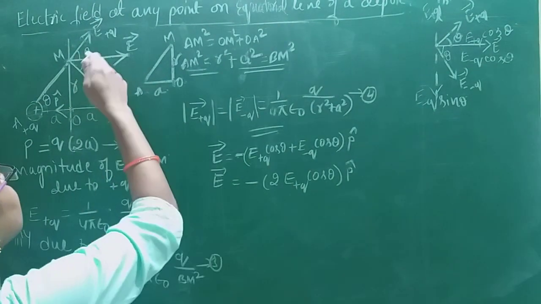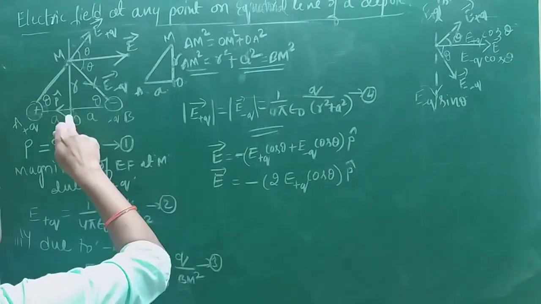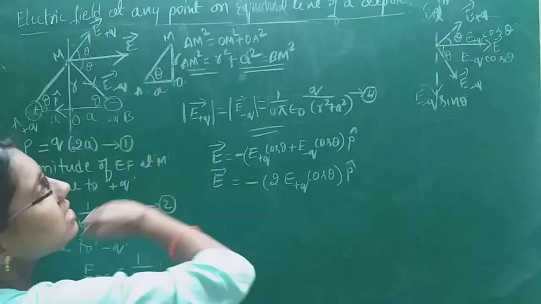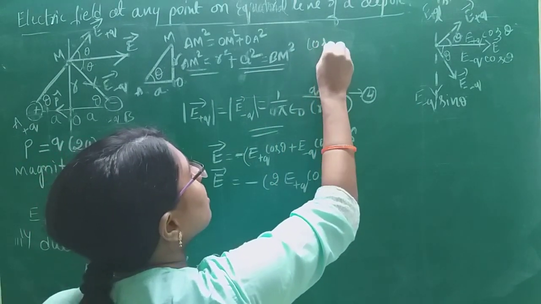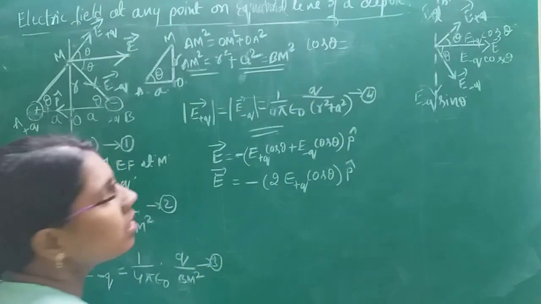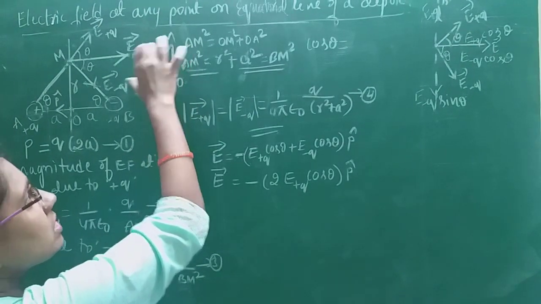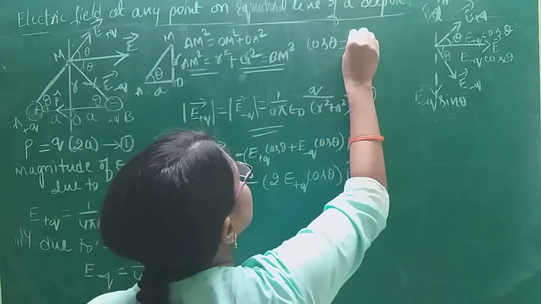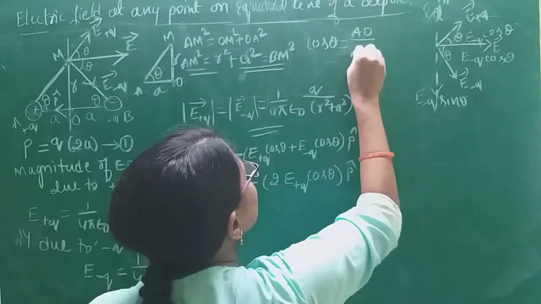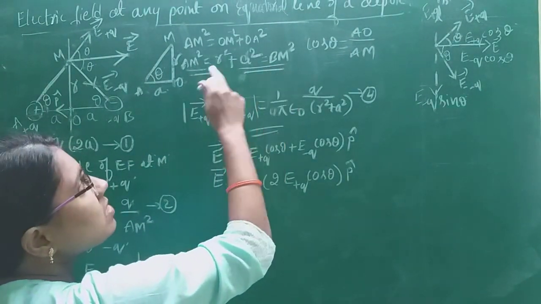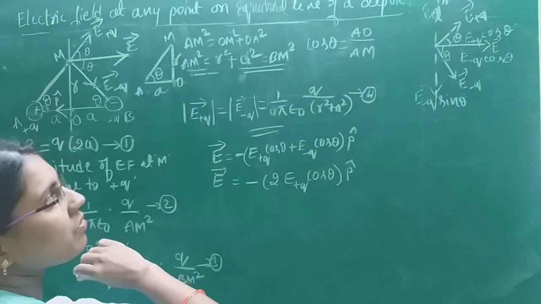So now in the triangle AMO, here we are having theta, right? Now define cos theta. Cos theta is equal to adjacent by hypotenuse. Adjacent means AO, hypotenuse means AM. We know AM square value and BM square value as R square plus A square.